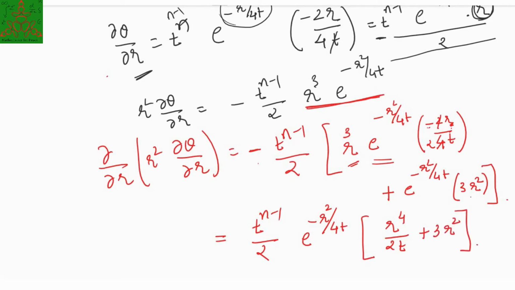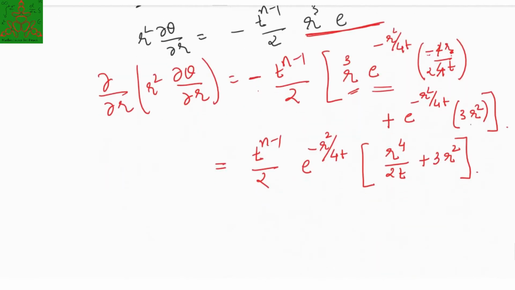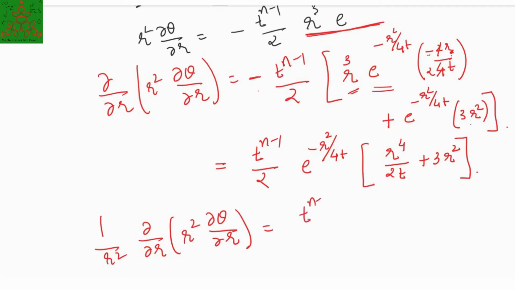The next in the expression, you will have 1 by r square, that you need to multiply to this quantity. So that is 1 by r square del by del r of r square del theta by del r equal to, you multiply 1 by r square, so it will be t power n minus 1 by 2 e power minus r square by 4t into r square.